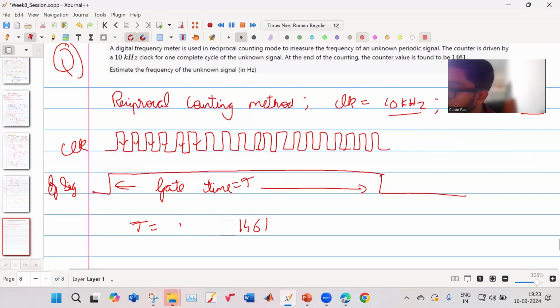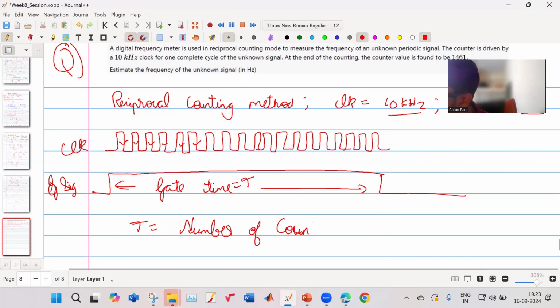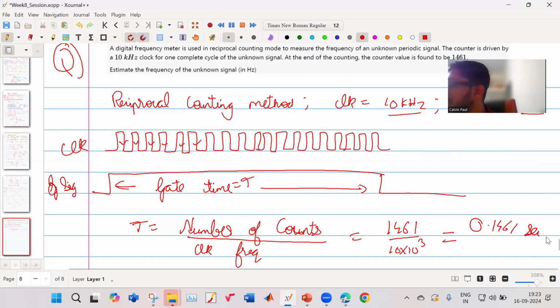So the time period should be the number of counts, or the value of your counter, upon your clock frequency. So that is 1461 upon your 10 kilohertz, so that is 10 into 10 to the power 3. So your time period is 0.1461 seconds.